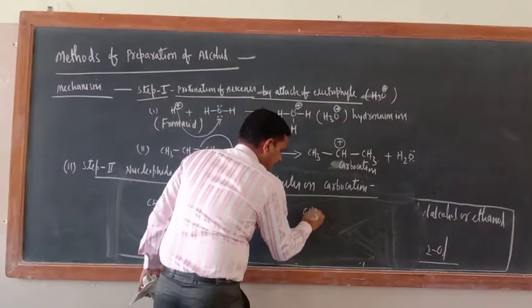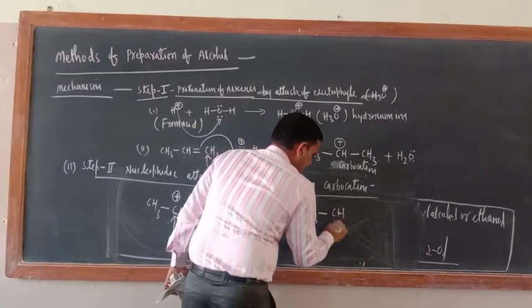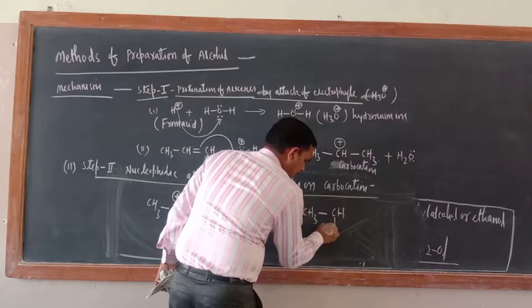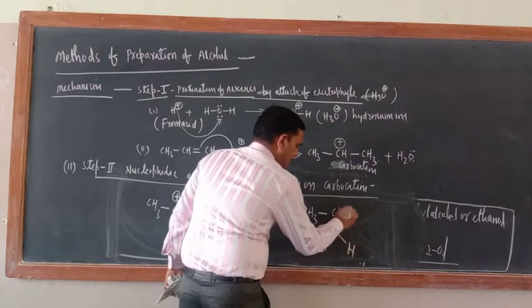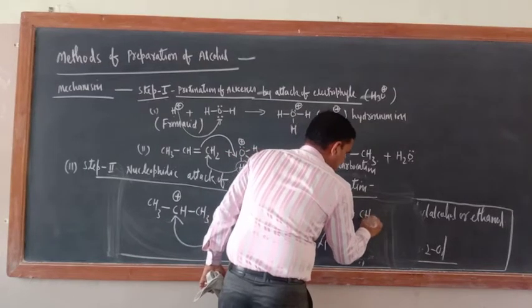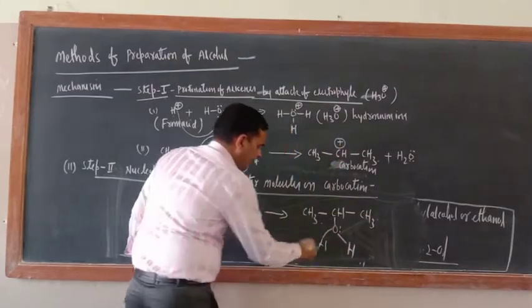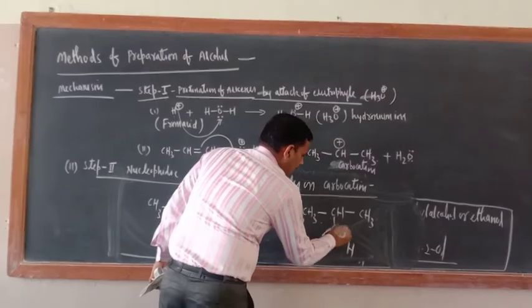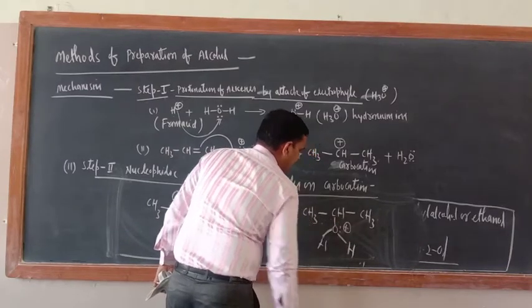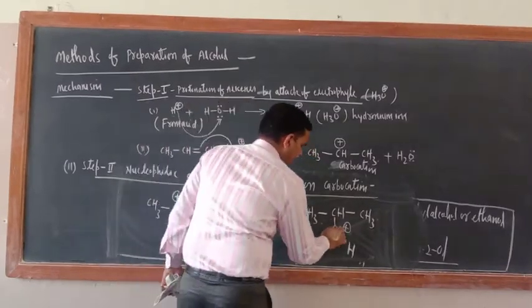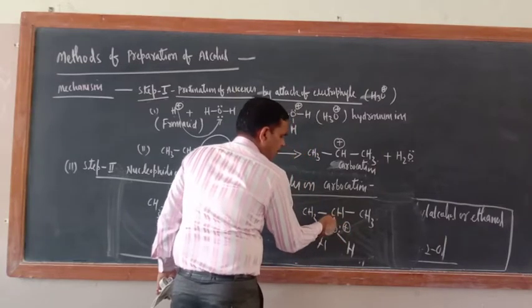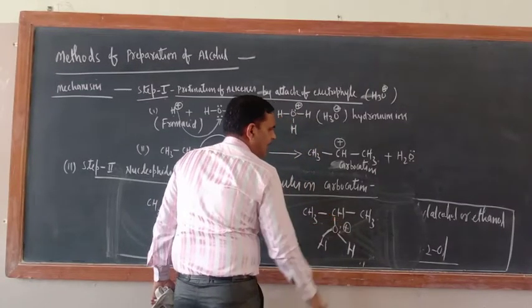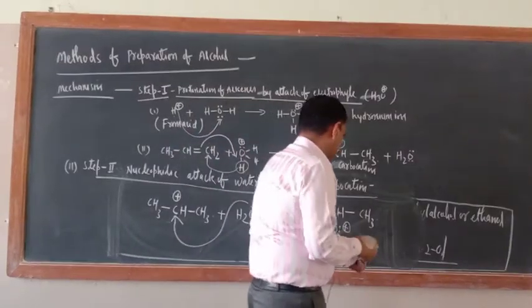CH3 CH, and here the entire water molecule will be attached, and here CH3. This is the nucleophilic attack, and after addition it will give one pair of electrons to this one, which is why it acquires a positive charge.